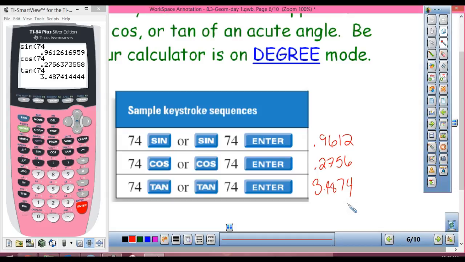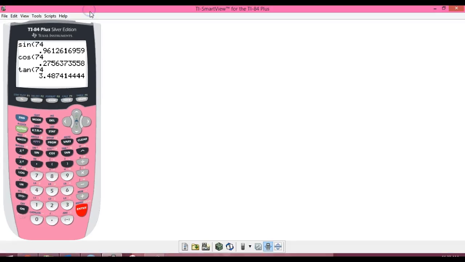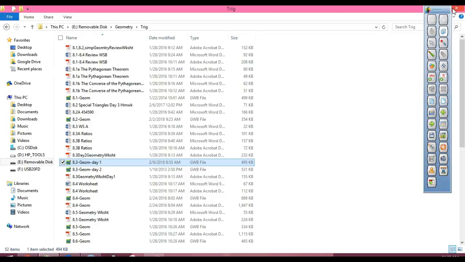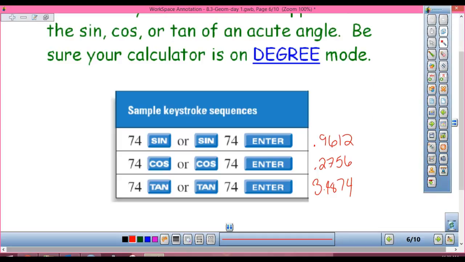Okay, so let's talk about this for a minute. Sine is 1 over what? Opposite over hypotenuse. What does this 74 mean?